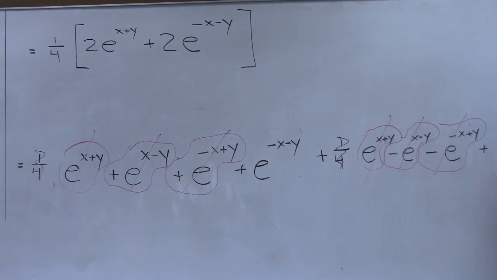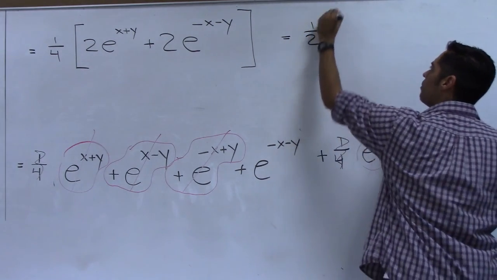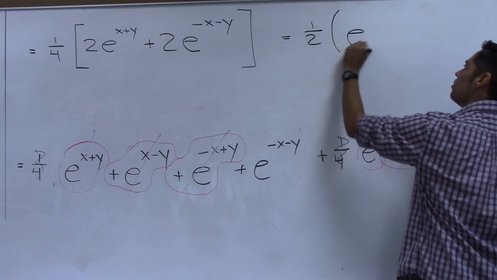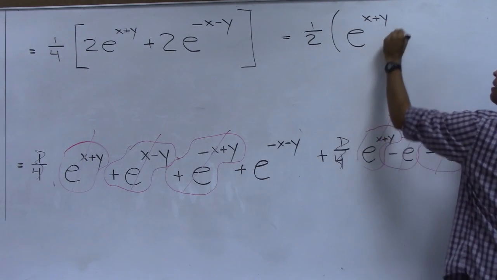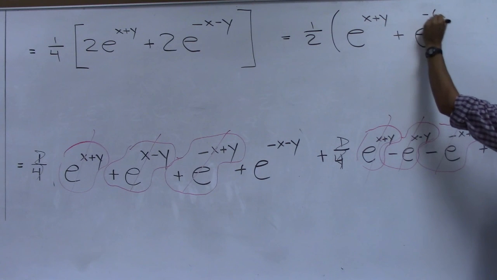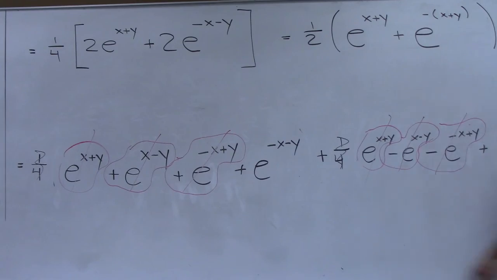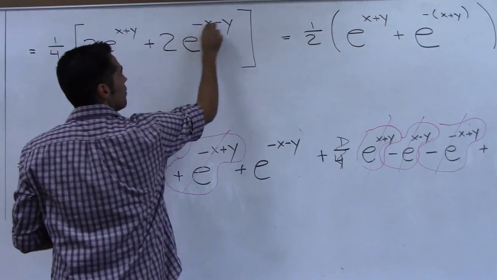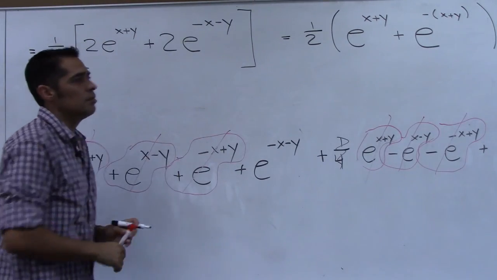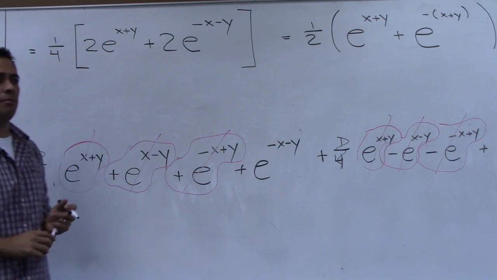What can I pull out of both of those? A 2, and it comes out with the 1/4 and becomes 1/2. And then I'll turn my bracket into parentheses. e to the x plus y plus e to the, factor the negative out, minus x plus y. Since these are both negative, just pull a negative out right here, and then it turns into a negative in front of the x plus y, and that's exactly what we wanted, wasn't it?